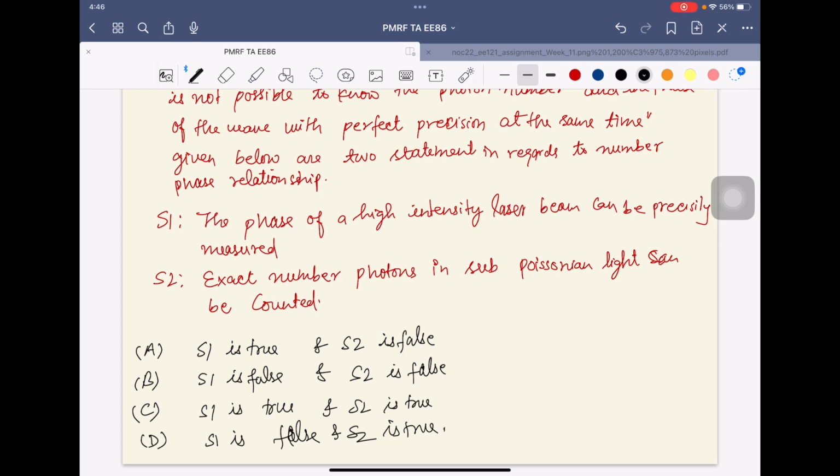So just read the statements again. The phase of a high intensity laser beam can be precisely measured. That is true. And the exact number of photons in sub-Poissonian light can be counted. That is also true. So both statements are true, and option C will be the right answer. Correct.